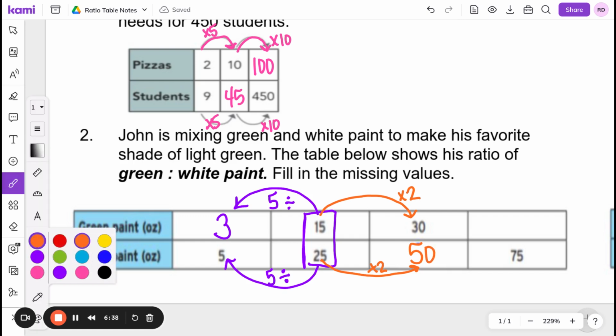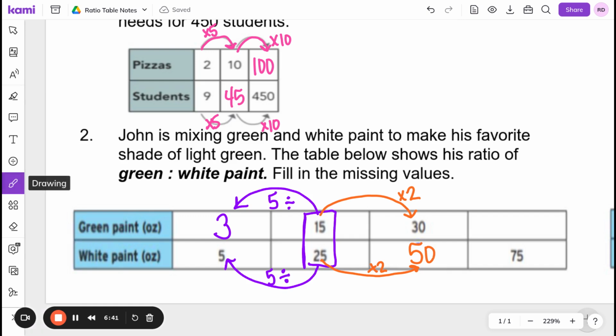And then for our last missing number, same thing. We start with our starting ratio of 15 to 25. We're turning 25 into 75. So we're getting bigger, so we're going to multiply, and more specifically, we're going to multiply by 3. Whatever you do to the bottom, you do to the top. And 15 times 3 is 45 ounces of green.